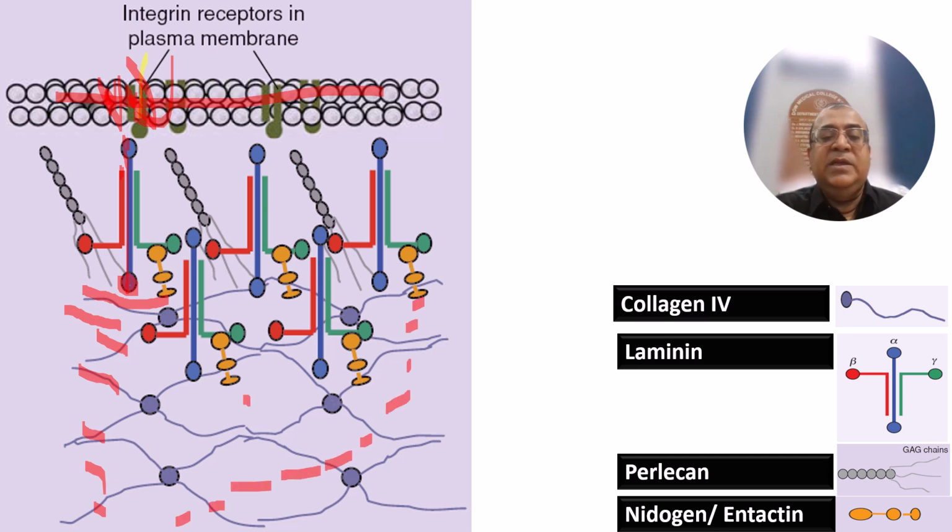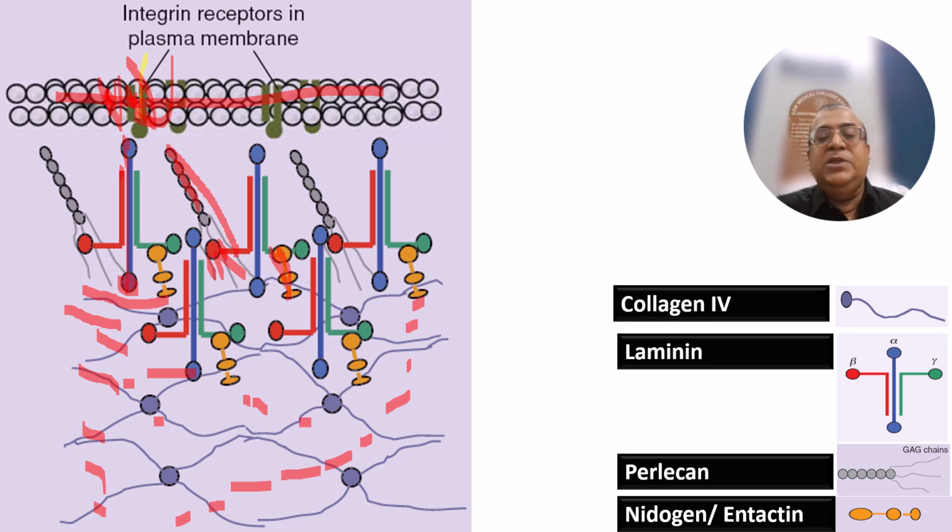This laminin is in connection with the overlay of collagen type 4, and these molecules that are perlecans, composed of glycosaminoglycans, protein core and heparan sulfate, three heparan sulfate chains, are also attached with the laminin.